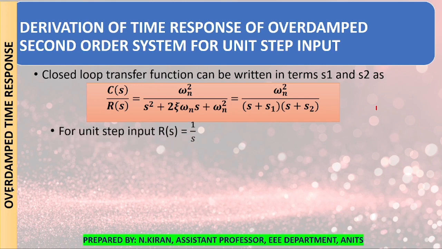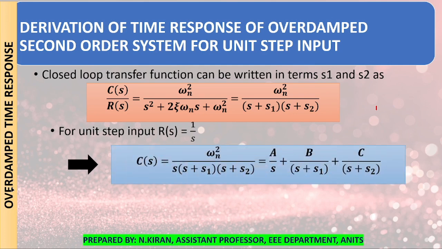Since our input is unit step, R(s) is equal to 1/s. That will give me the expression of C(s) as omega n square divided by s into (s plus s1) into (s plus s2). Upon partial fractions, that will give me A/s plus B/(s plus s1) plus C/(s plus s2).